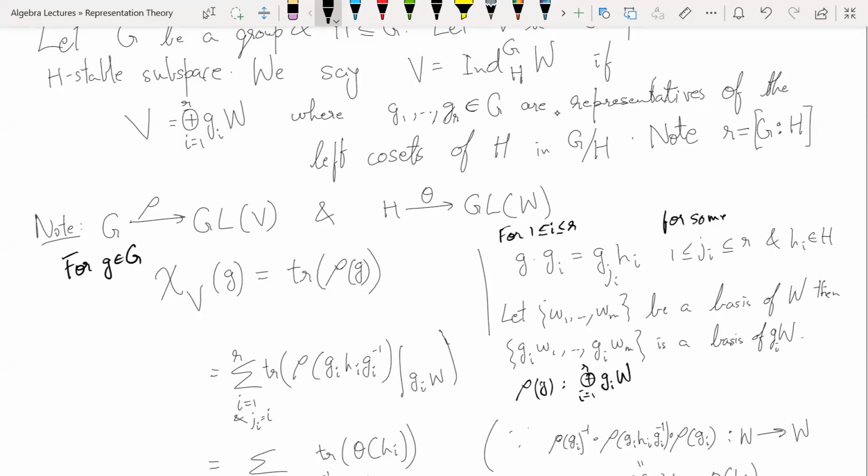It will send maybe g_1w_1 to g_j1w_1, with certain multiplicity, or rather it will send g_1w_1 to some linear combination of g_j1 elements. But if j1 is different from 1, then the entry, you think of it as, yeah.